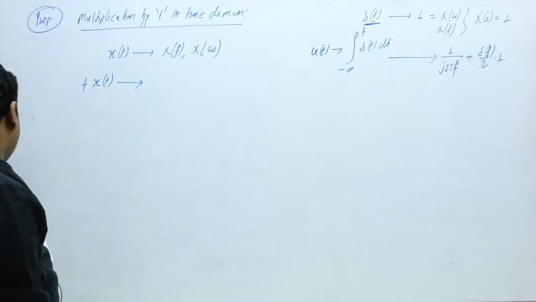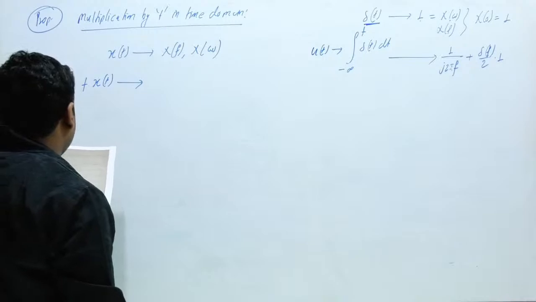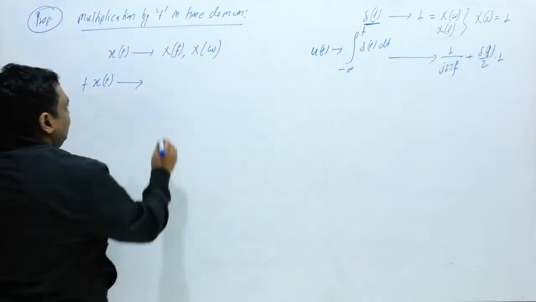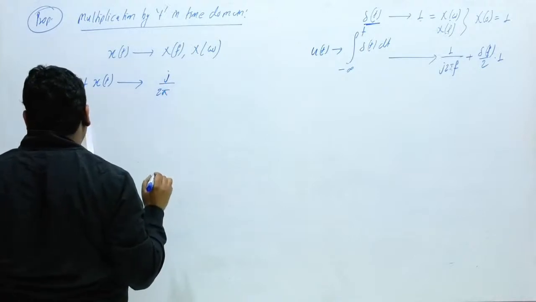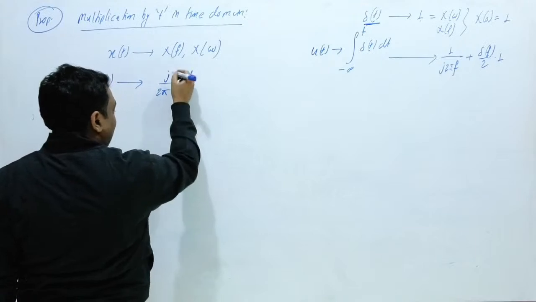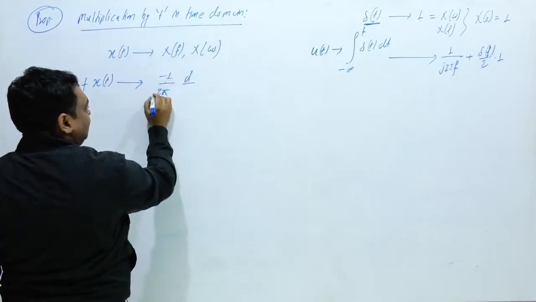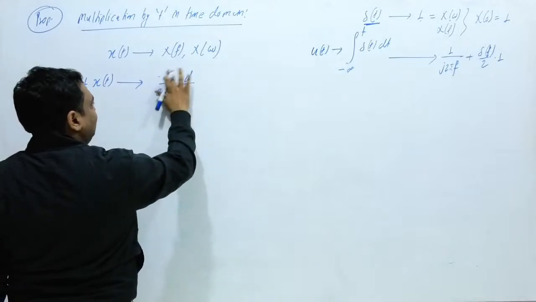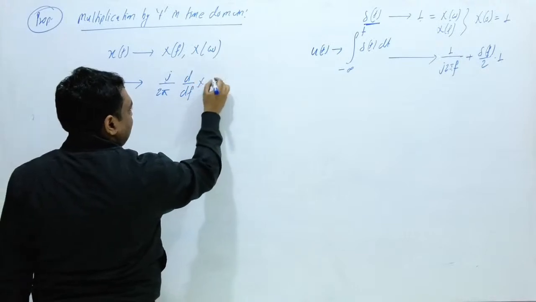Then we will get j upon 2π, or you can also write minus 1 upon j2π, d upon df of X(f).